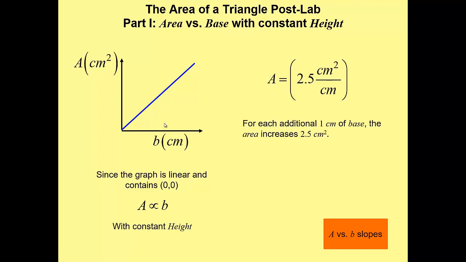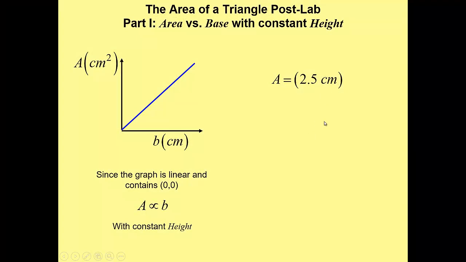The x variable is what we graphed on the horizontal axis, which is the base. Note that the units do reduce a bit. We get a centimeter on bottom, cancels out with 1 on top, and so we end up with 2.5 centimeters.